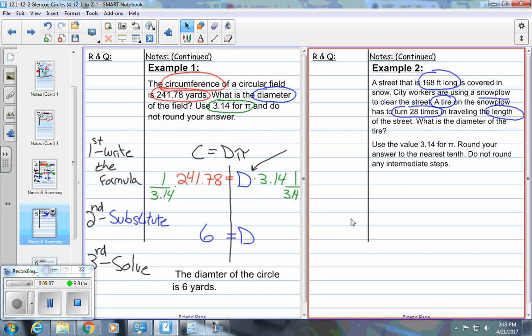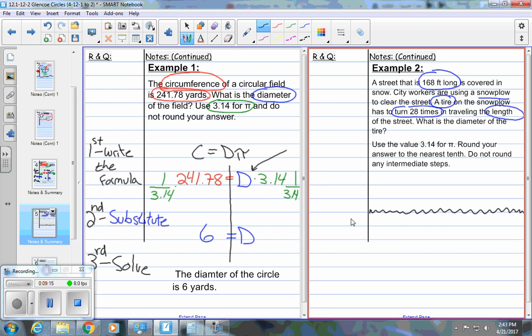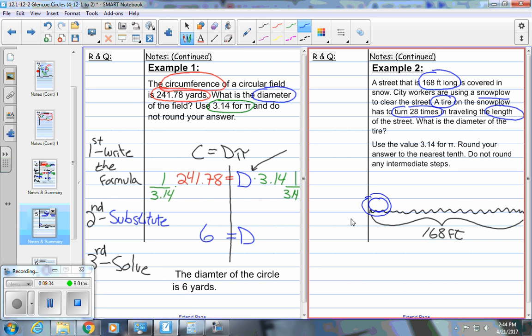Okay, well, this was a little confusing for me, so I'm going to draw a picture. I'm going to say we have our street here. Yeah, that's me drawing snow right now. And we know that this whole thing is 168 feet long. And then we know that the tire of this snowplow, and I'm just going to draw a simple circle, has to go around itself 28 times.